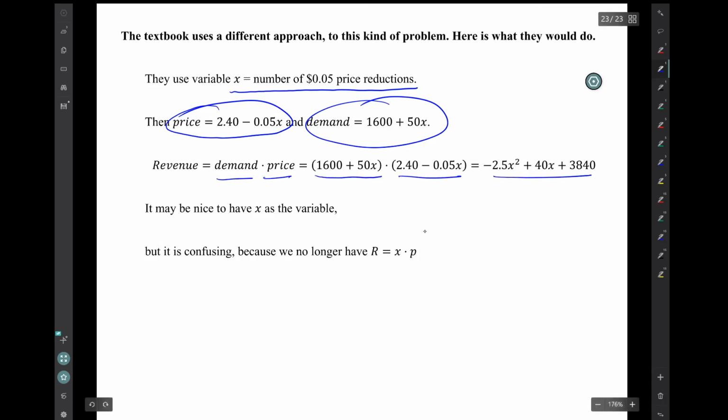So they end up with a formula that has x as the variable, which is nice. It's nice to have x as a variable. But it's confusing because we no longer have this very familiar form. The revenue is normally x times p.